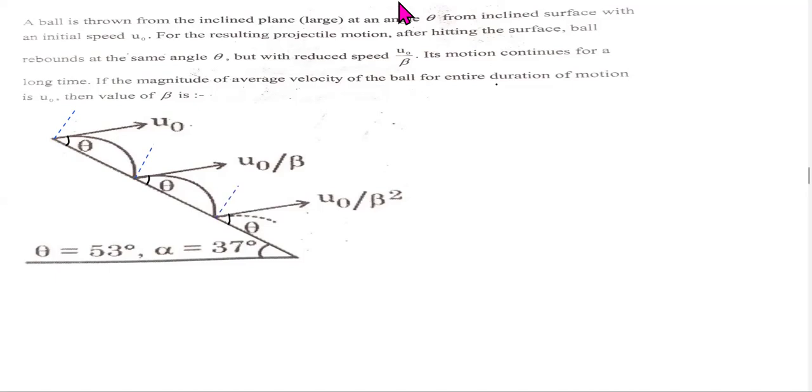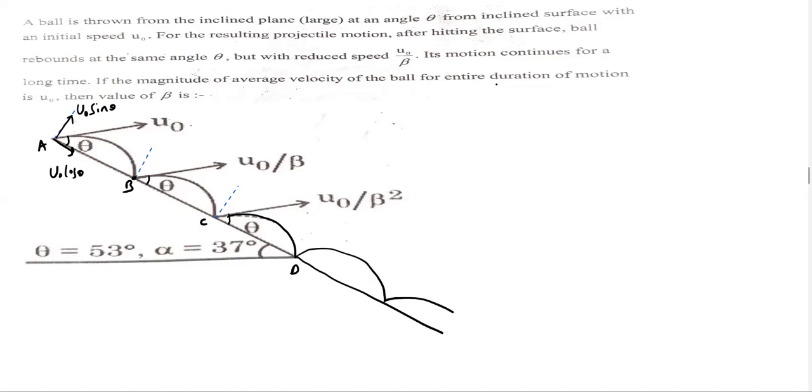These lines are normal to the incline. Of the speed of projection u0, along the perpendicular to the incline it will be u0 sine theta, and along the incline it will be u0 cos theta. This is the initial point of projection. We'll label it as A, B, C, D, and it will continue like this. Further, if I stretch it, this is one basic idea of the problem.